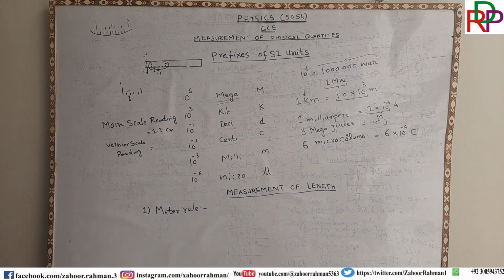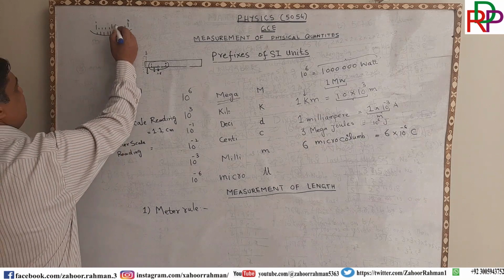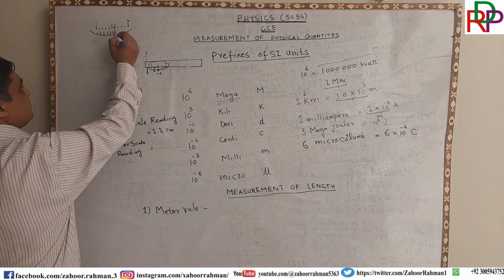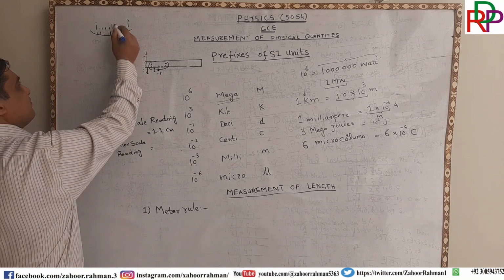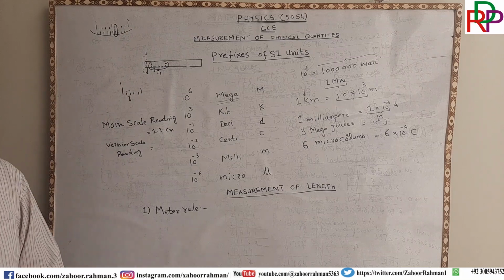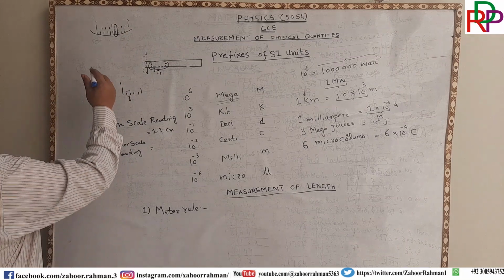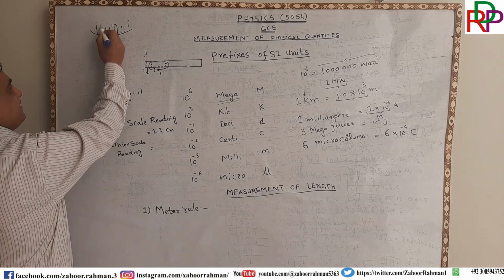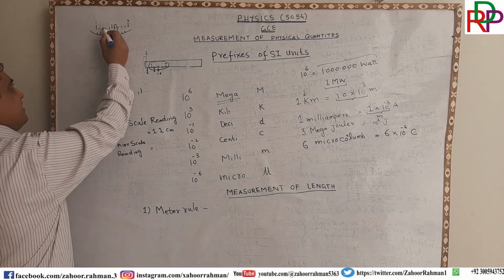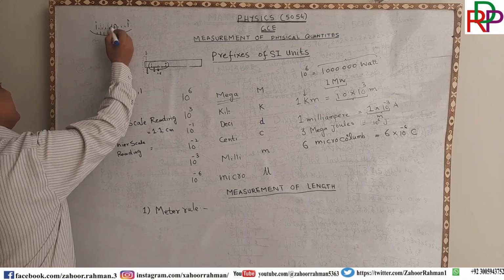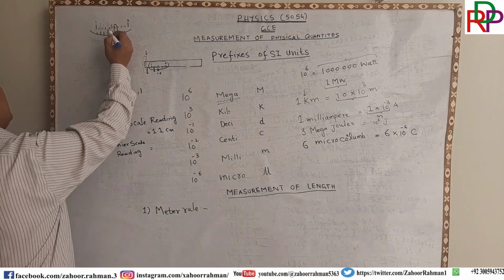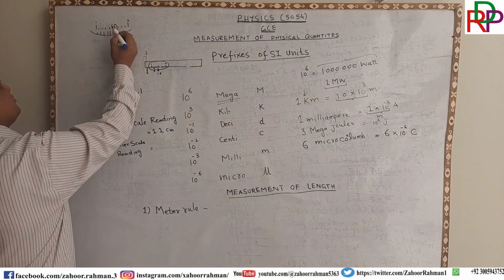If you take a closer look, these two lines are exactly in line, because this is not, this is not, this is not, and this is also not, this is also a bit.